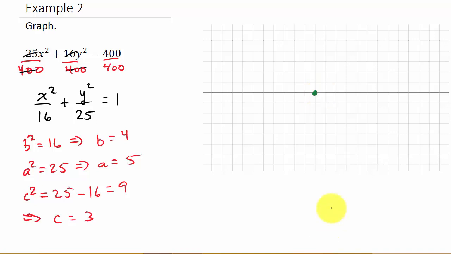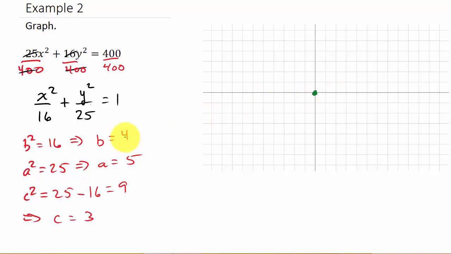Let's plot our b. Now remember, this is a squared. It's under the y squared, so that means our major axis is vertical. So our b value is going to go this way, our minor axis.